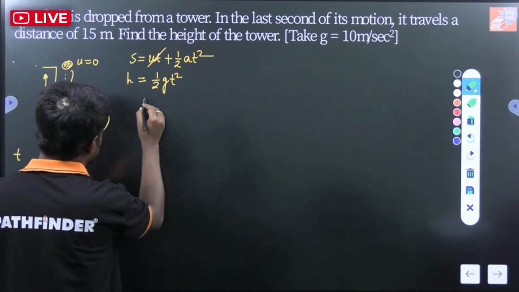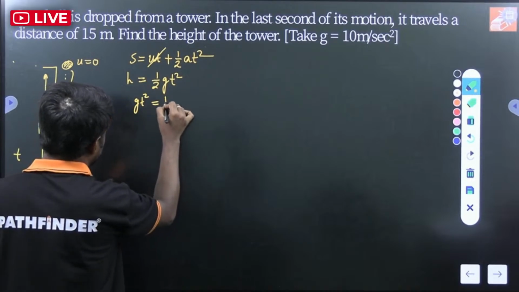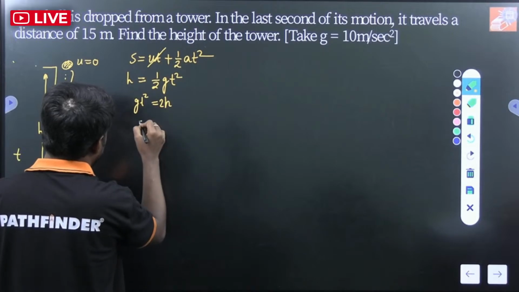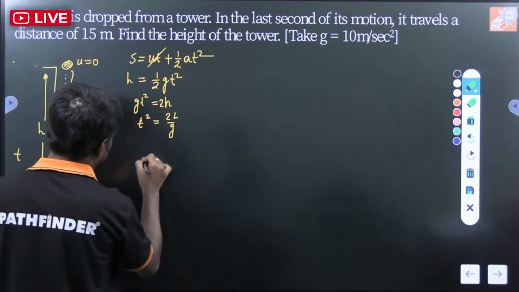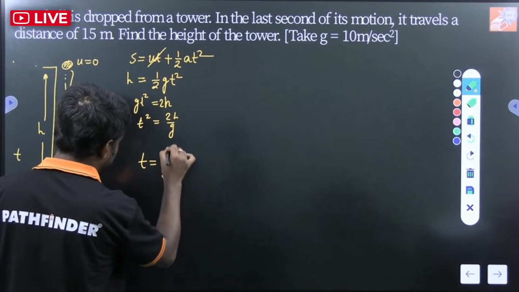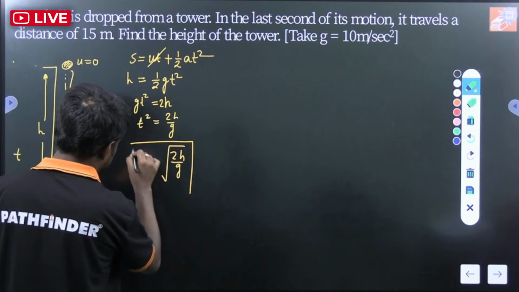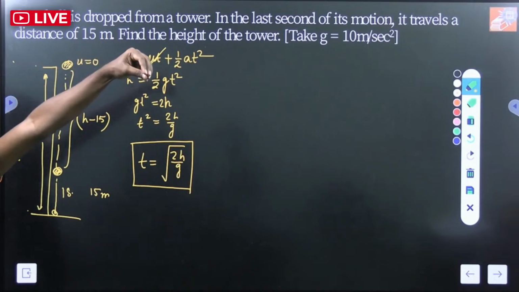If you solve this equation, this 2 will come here. So g t square equals 2h, and t square equals 2h by g, or t equals root of 2h by g. You can consider this as your formula for anything you are dropping.